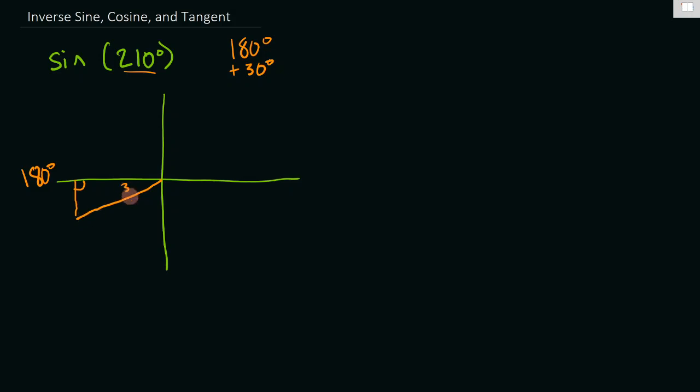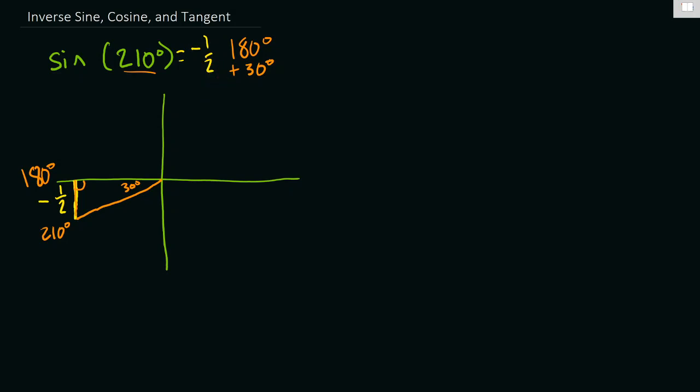This is 30 degrees in here, and this is 210 degrees. Since we care about the sine, we want the vertical piece. The vertical piece in this case is negative because it's going down. And since it's the short length of our 30-60 degree triangle, it is negative 1/2. Okay, so sine of 210 is negative 1/2.